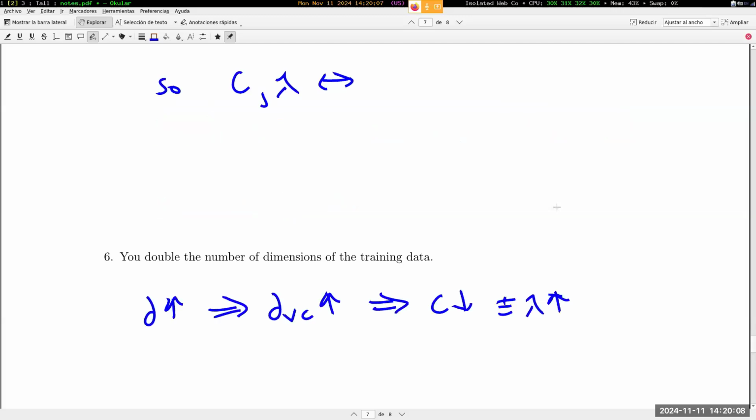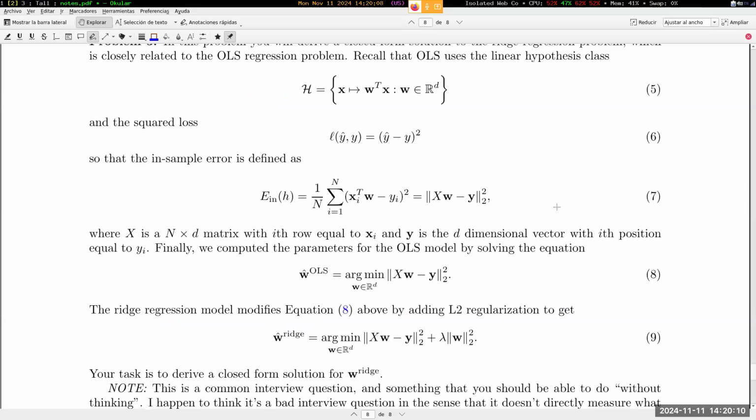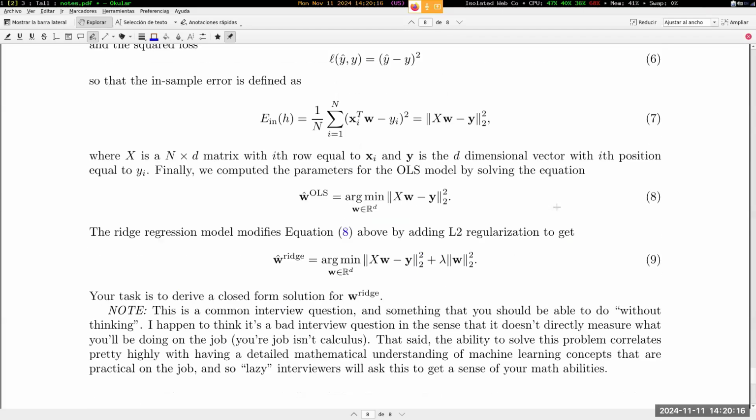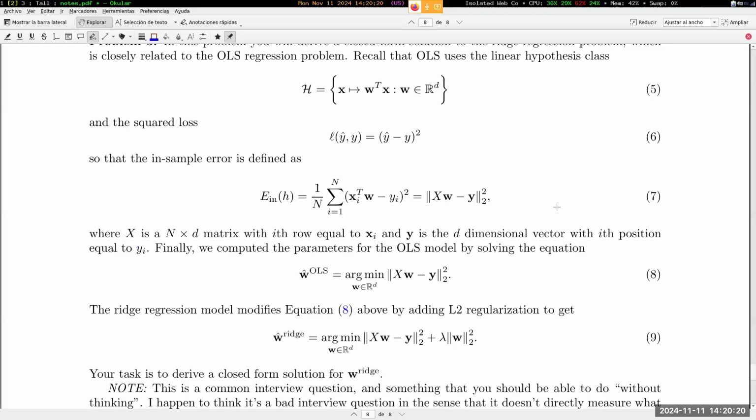One last problem on this notes packet, which I will leave for you all. This is the sort of problem that is common on interviews. We've done actually this problem optimizing ordinary least squares without a regularizer in a previous notes packet.